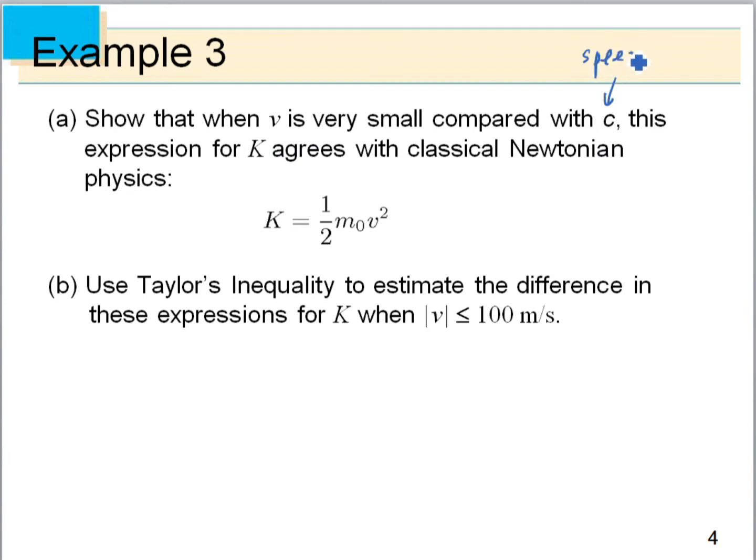What is the speed of light? So if the object is moving very, very slowly compared to light, then we would like to know if the expression for the kinetic energy recovers that we have seen in Newtonian physics. So remember, in Newtonian physics, that's the classical physics that you learn in high school, the kinetic energy is 1/2 times mass of an object at rest times square of its velocity. So we want to recover this, see how we can recover this equation.